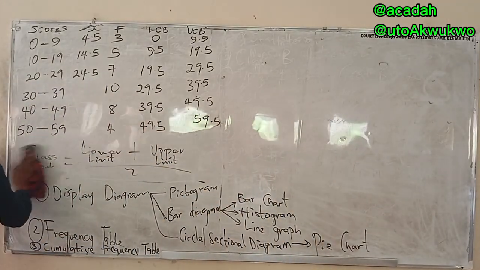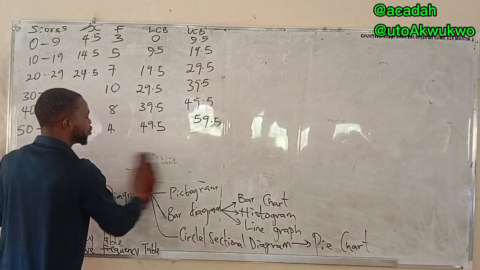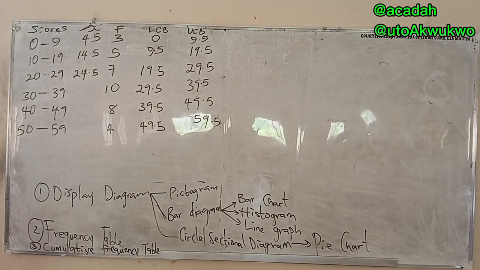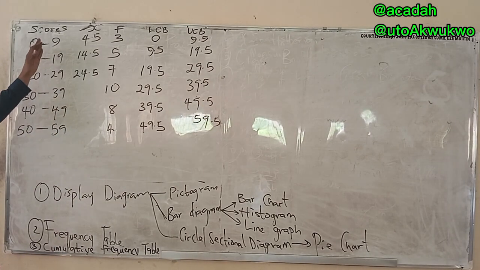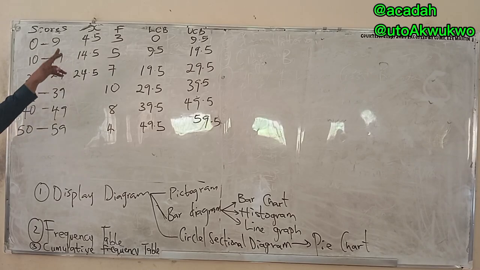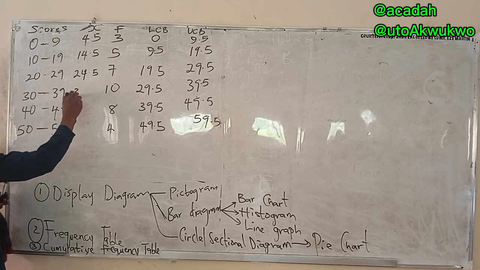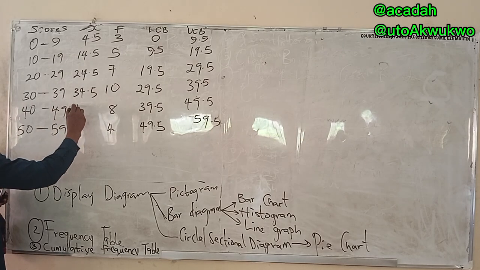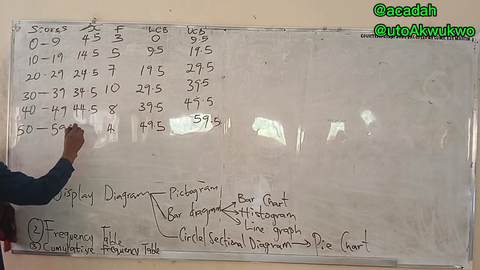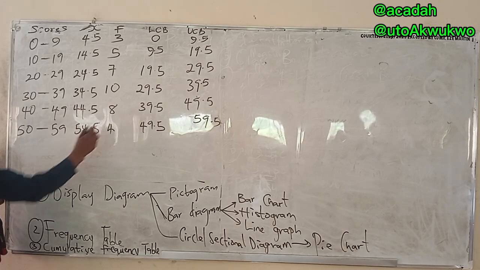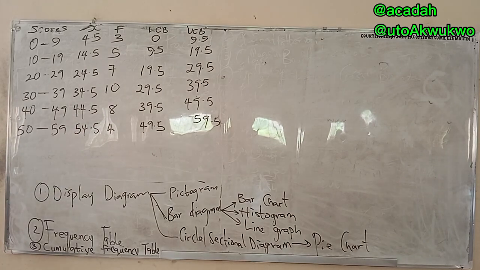So now you know what class mark is. For grouped data, you don't make use of X as the class; rather, you make use of the class mark to be your X. You find the center. So this becomes 34.5, 44.5, and 54.5. So if this is the case, we can now start working because we now know everything.